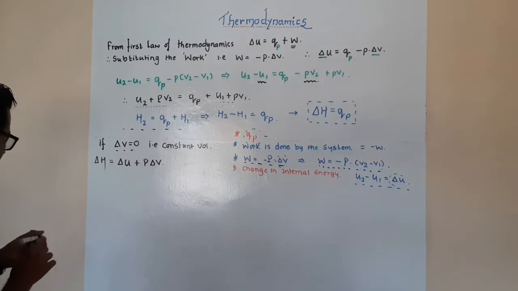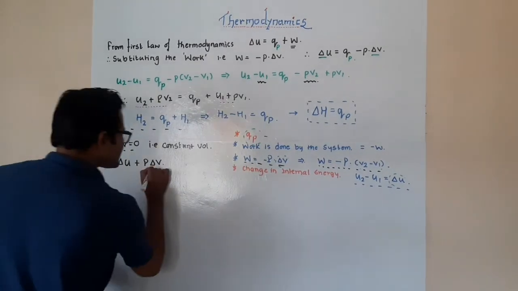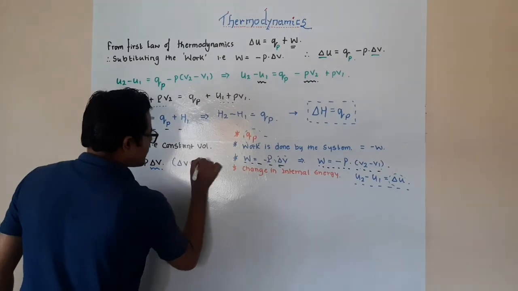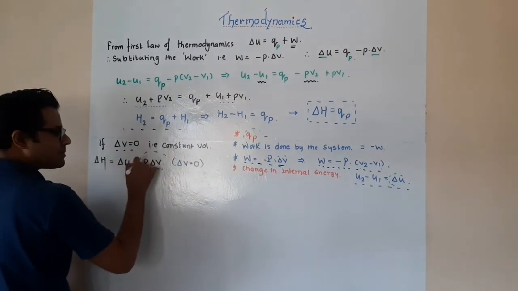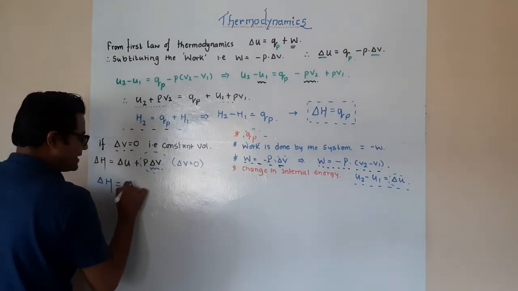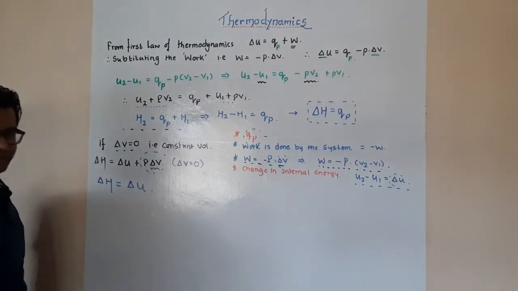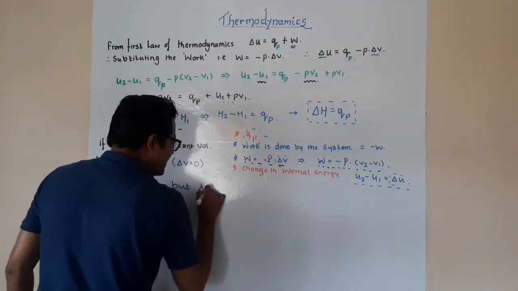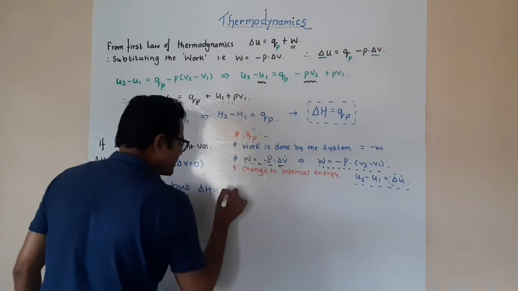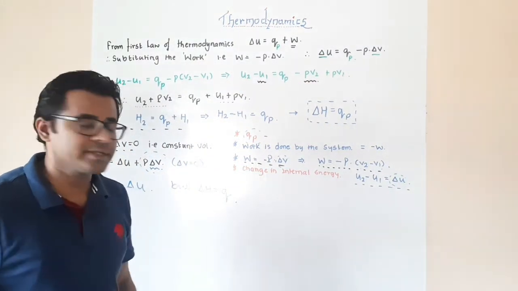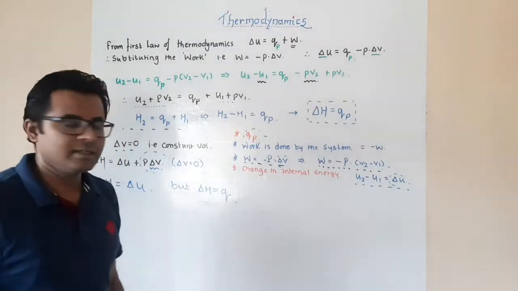But here delta V is equal to 0, so this entire term is 0. So delta H is equal to delta U. Remember, whatever heat you supply directly influences the enthalpy, correct?